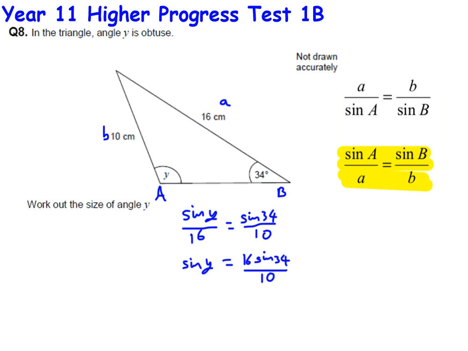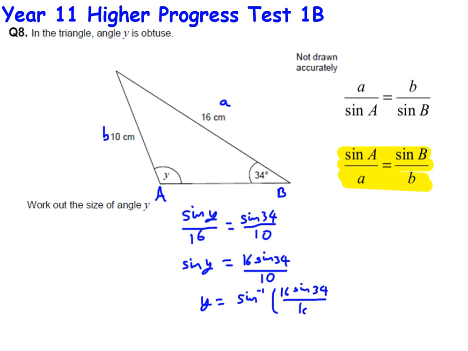Now we're going to have to do the inverse of sine to be able to get y. So y equals the inverse of sine, with a negative 1, of 16 sine 34 over 10. At this point, once I have y equals, I'm going to use my calculator.